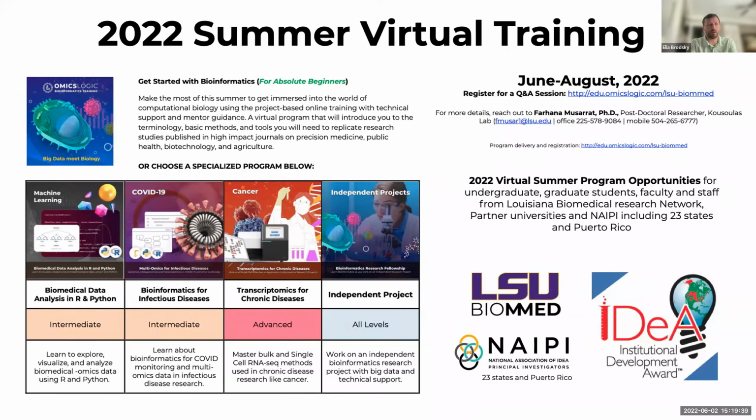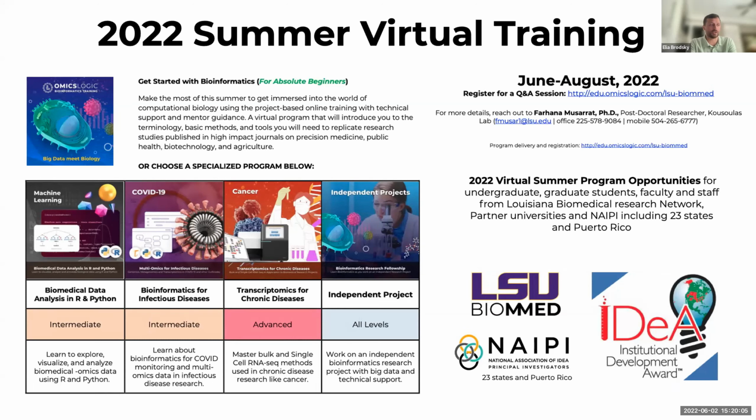There are a number of, again, free licenses, especially if you are from NAIPI. So how do you know if you're a part of NAIPI? There's a website, naipi.org, where you can see the map, and all of the 23 IDeA states are listed on there. If you're from one of the academic institutions in one of those IDeA states, you're most likely a part of NAIPI.